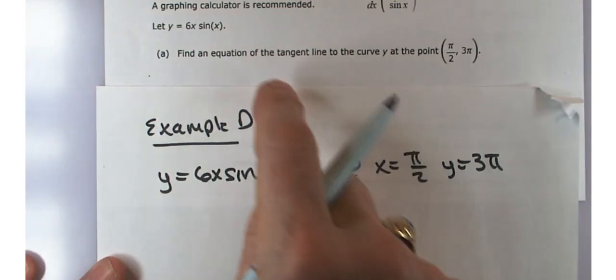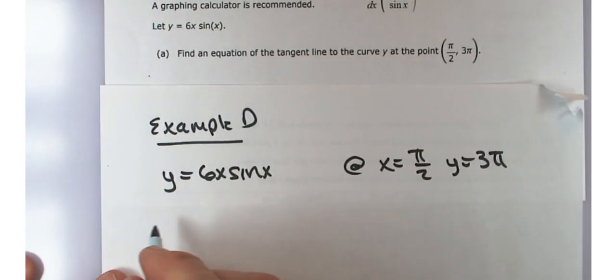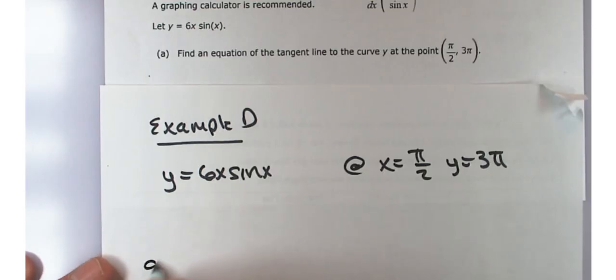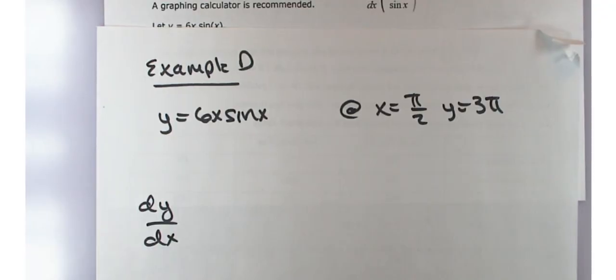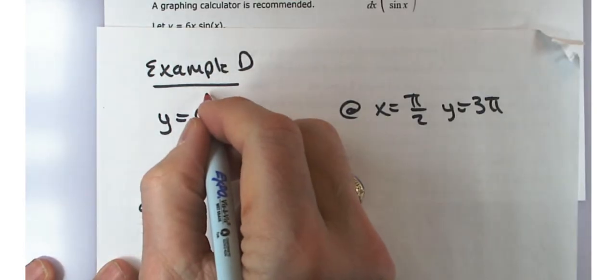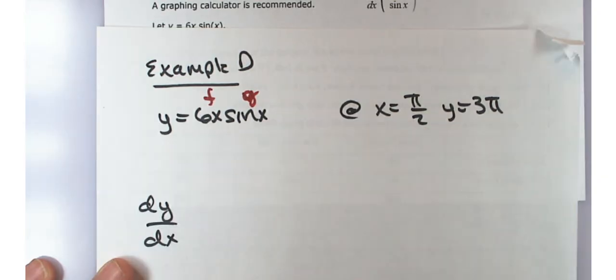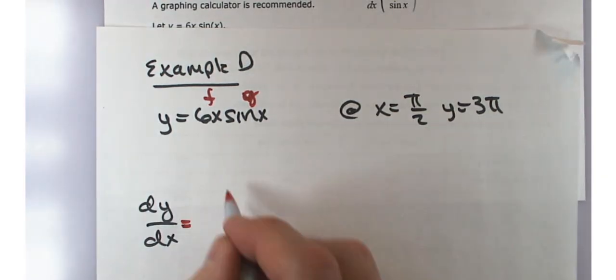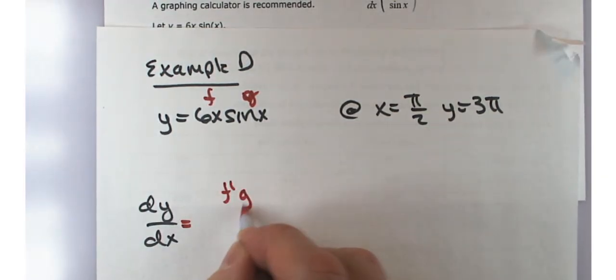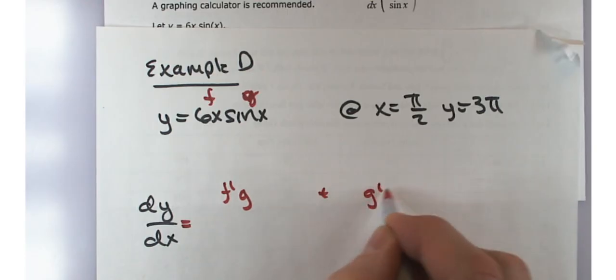So in order to find the equation of the tangent line, we're going to need to find dy by dx. Now I'm going to try to start moving away from always having to write down the f and the g, or the u and the v. I'm going to need f prime g plus g prime f.